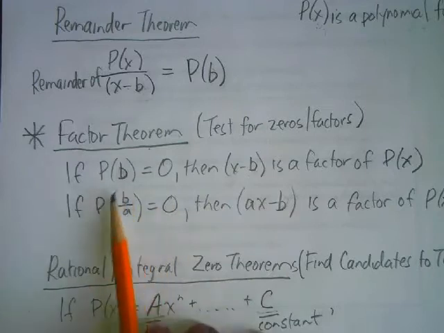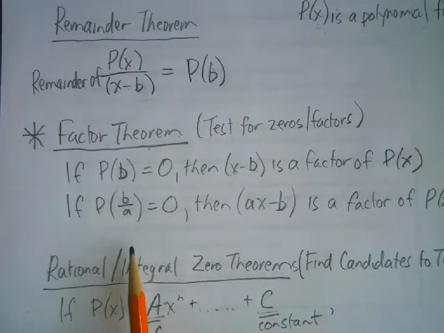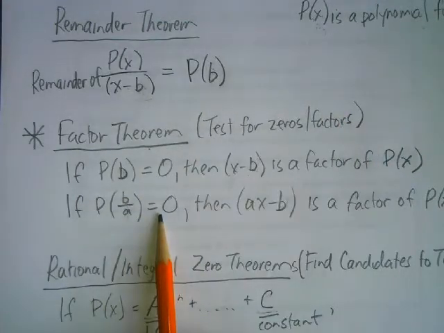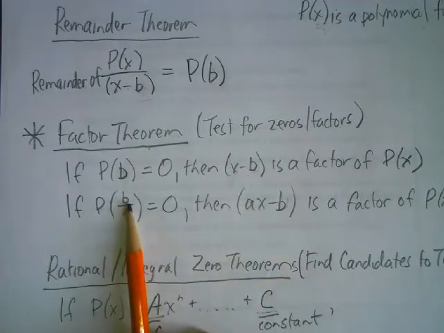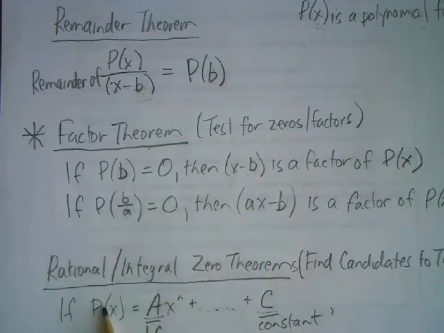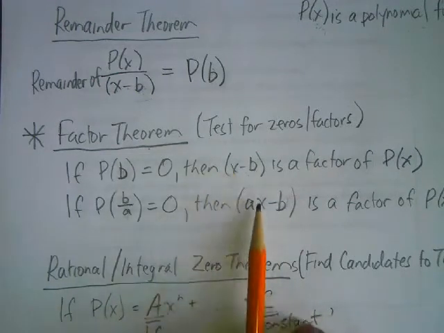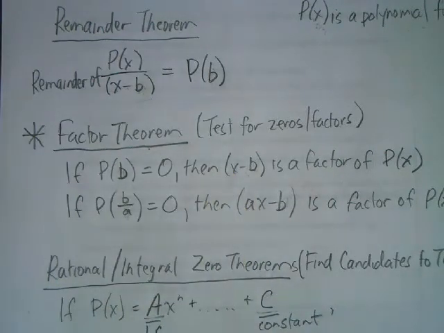And if we put fractions into here, for example, not everything is going to be an integer. So if that was like 1/2, if we plugged in 1/2 into the original polynomial and we got a result of 0, that would mean that 2x, so that's a 1, that's a 2, 2x minus 1 is a factor.